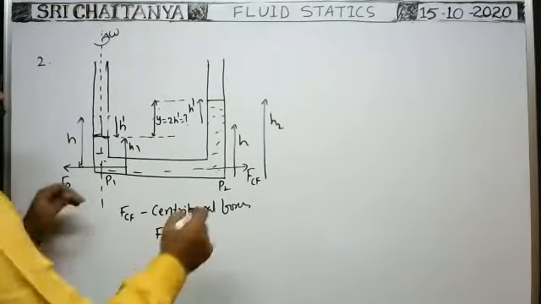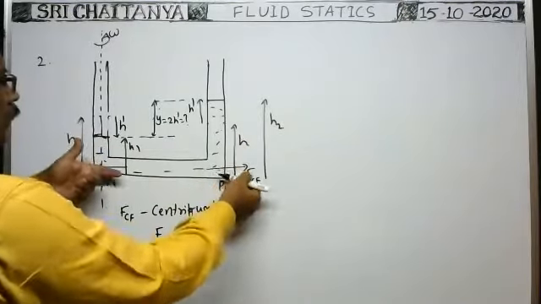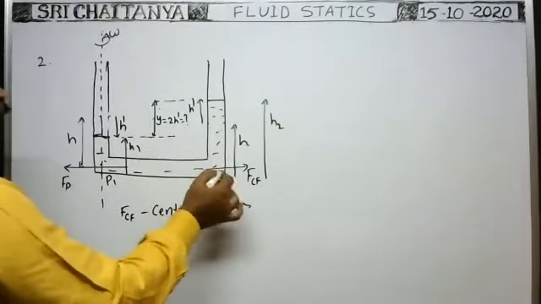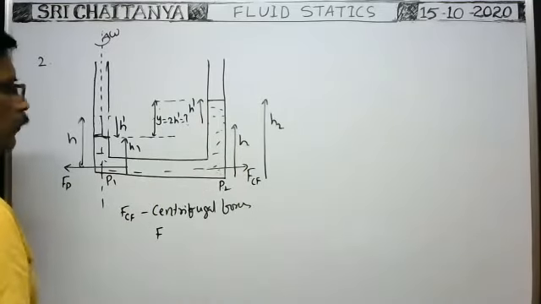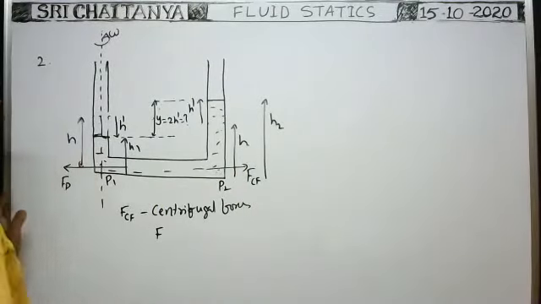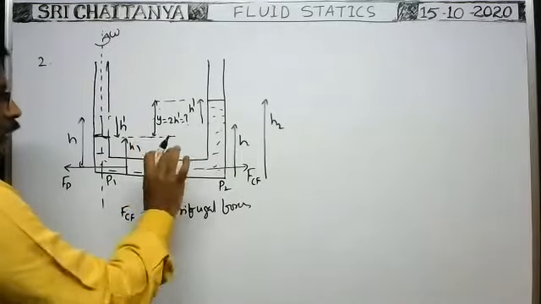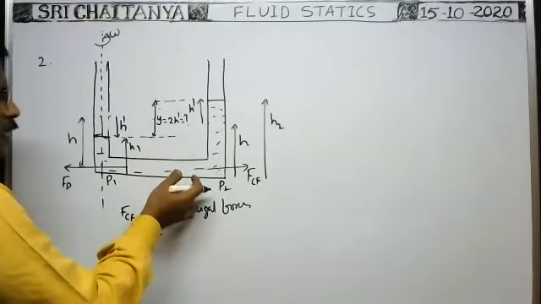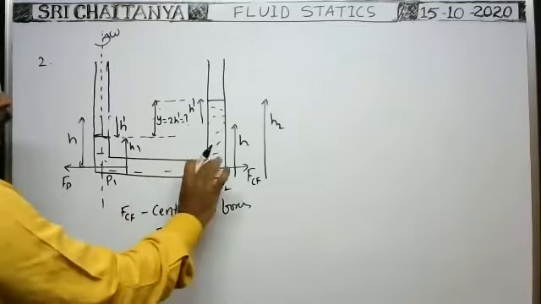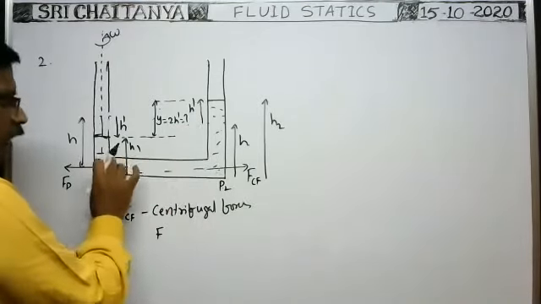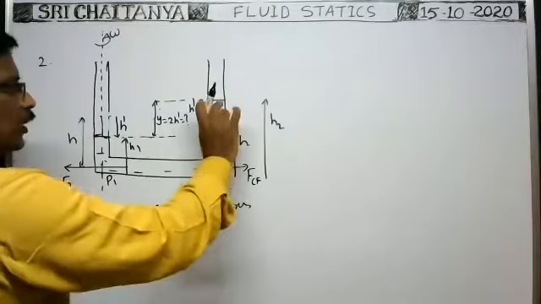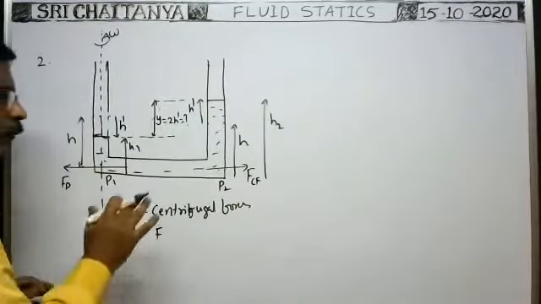Now we need the heights from the bottom only, because to write the pressures here and here we need the heights from the bottom. Under equilibrium, the net force on the liquid column in the horizontal tube is 0. Otherwise the liquid in the horizontal tube would move in this direction or in this direction, but it's not moving.